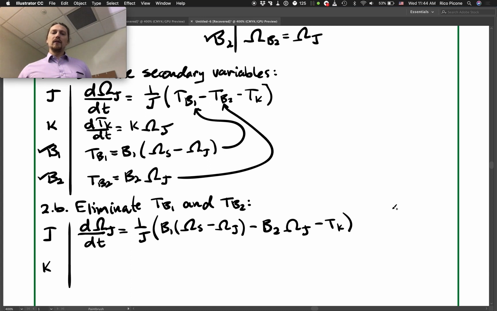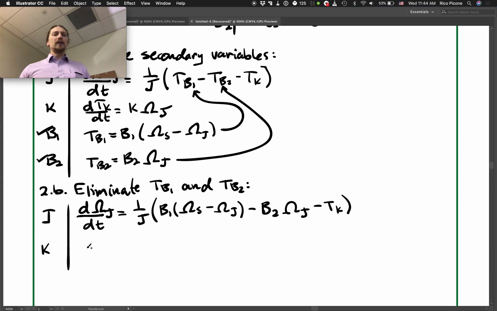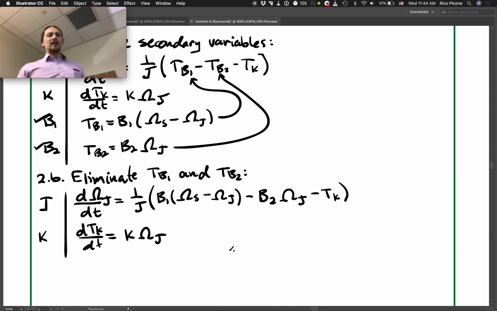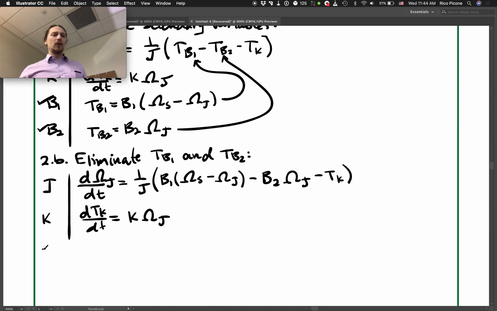But TK is a state variable, so we don't need to get rid of it. The other equation, dTK dt, equals, look at this, K omega J. We already have it all in terms of state variables, so we don't even have any substitutions to do. So we are ready for the standard form of the state equation. So 2c, standard state equations.